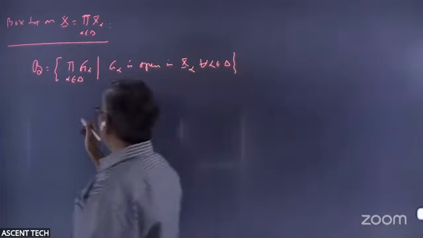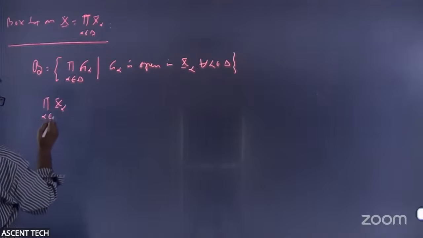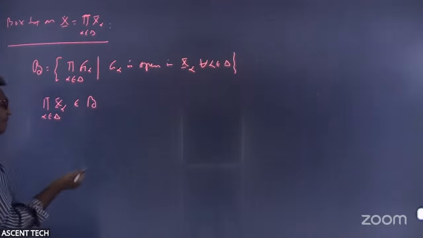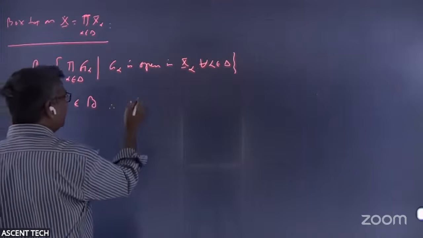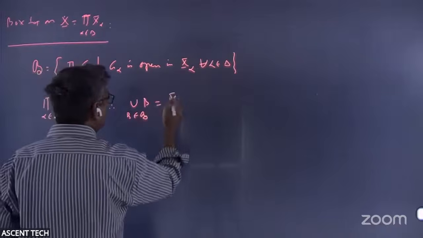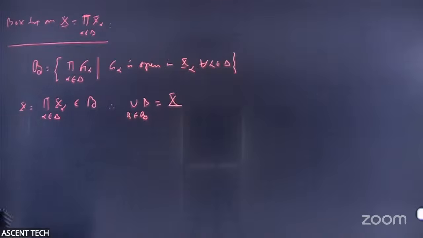First of all, the product of X alpha, alpha in delta, is already in B because each is an open set there. And therefore, the union of all basic sets in B will be X, because X itself is there already.